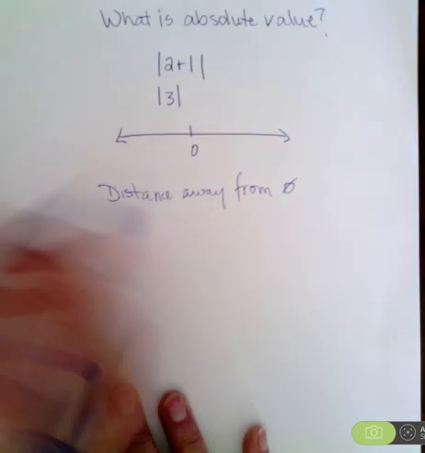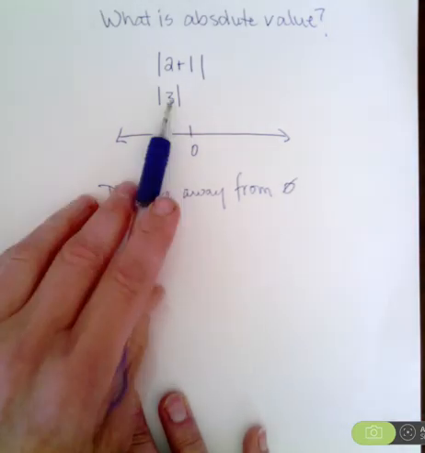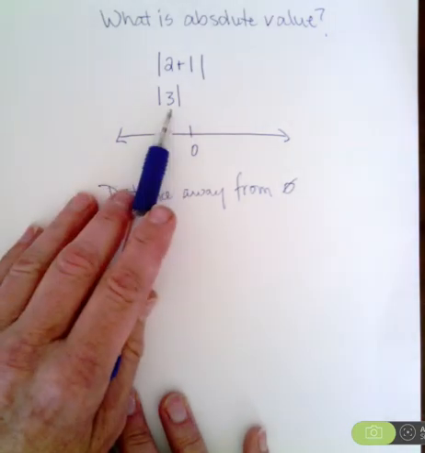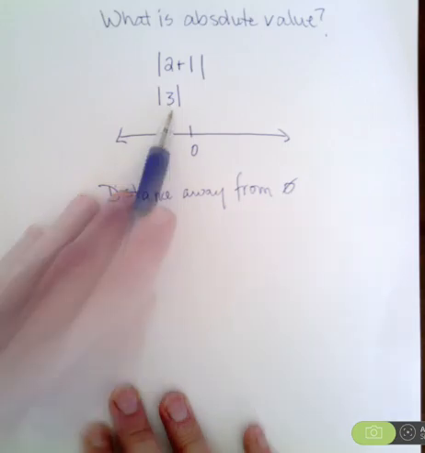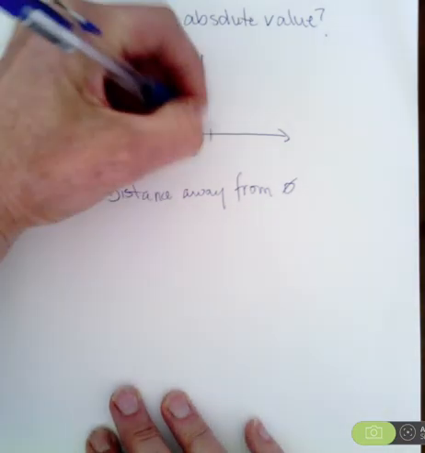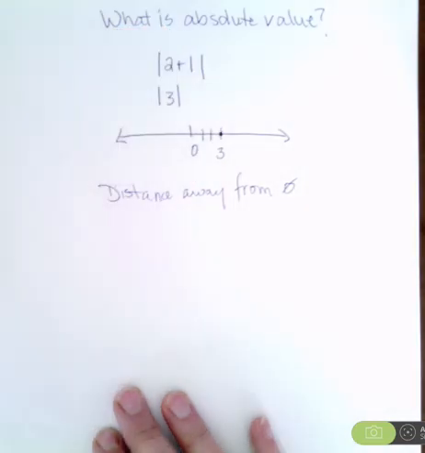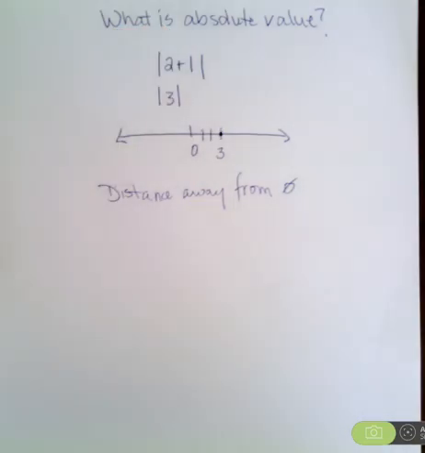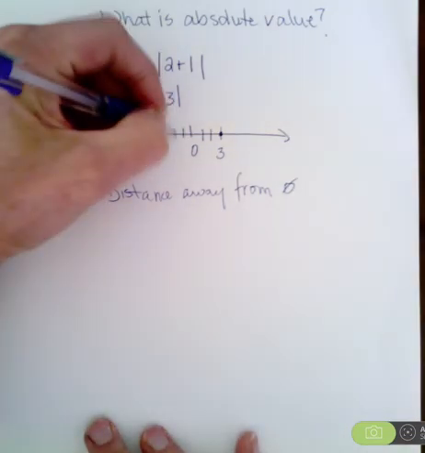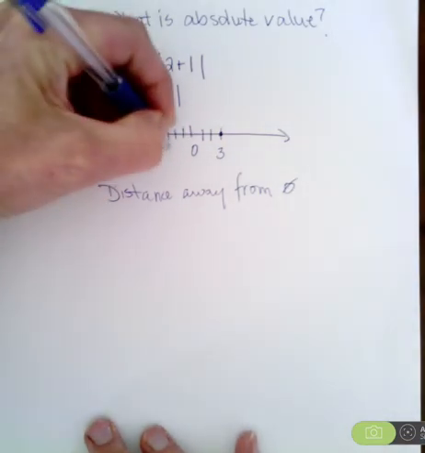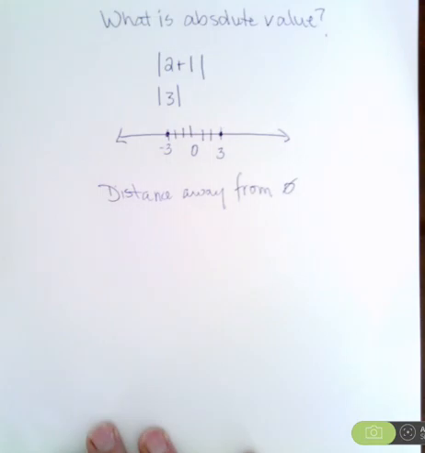Now if we use our number line here and the absolute value of 3, I can go 3 places to the right, and that's 3. However, what I need to remember is that I can also go 3 places to the left.